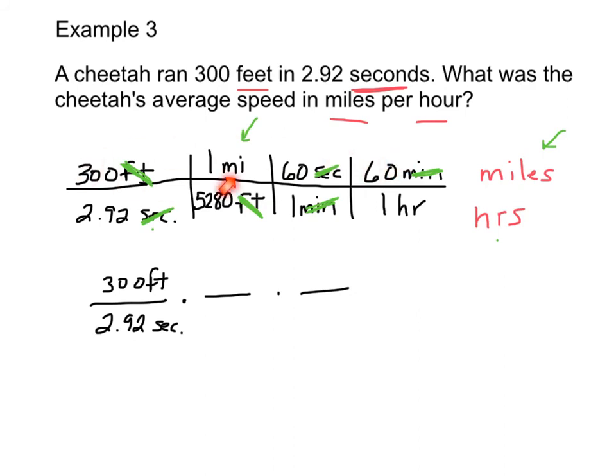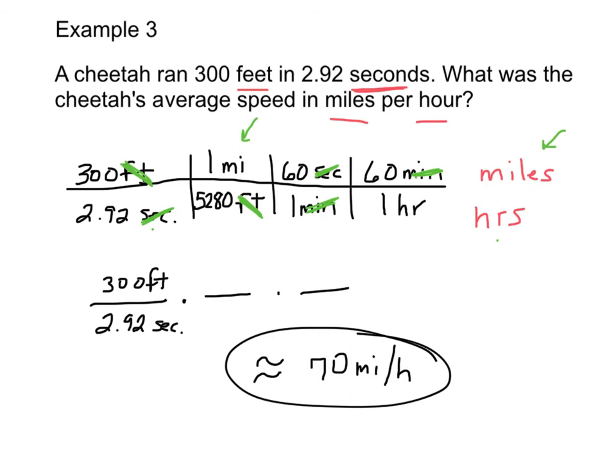You're going to give yourself a numerator. On the bottom, 2.92 times 5,280 times 1 times 1, and then you divide the numbers. If you did that, you would get approximately 70 miles per hour. So the cheetah's average speed was about 70 miles per hour.